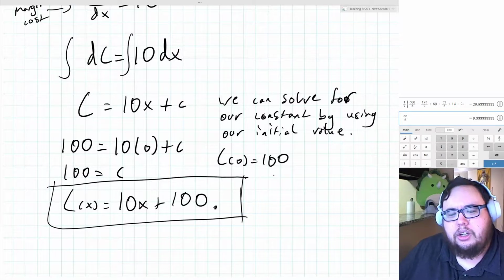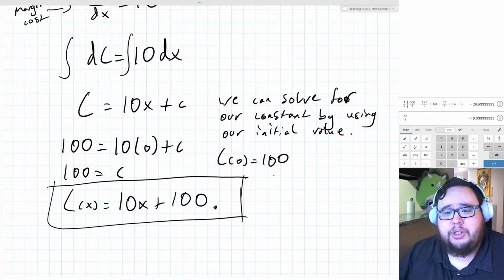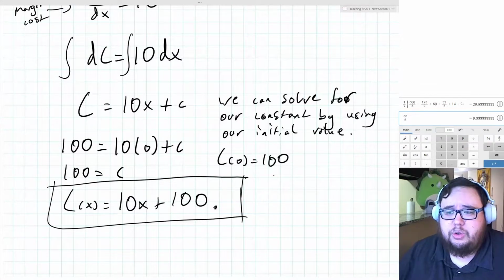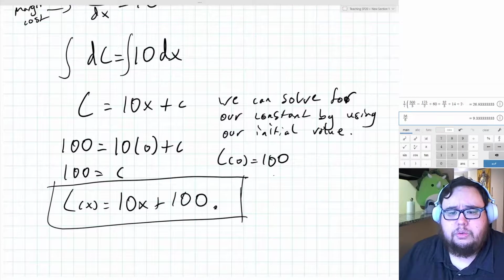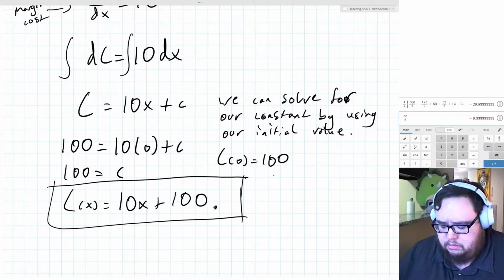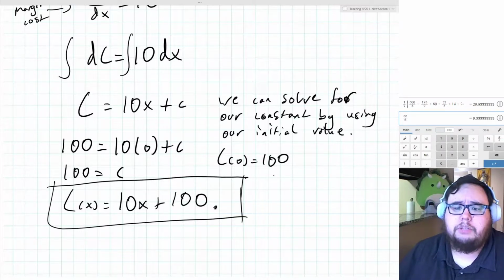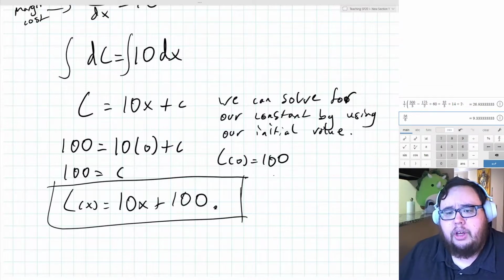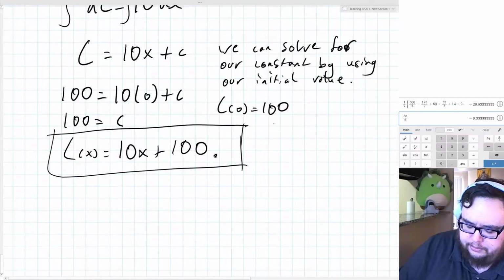But if your costs are different based on how much you produce, you can still use this method to solve for your marginal cost. For instance, you can take your marginal cost, your cost per unit, and retrieve a cost function. Right?